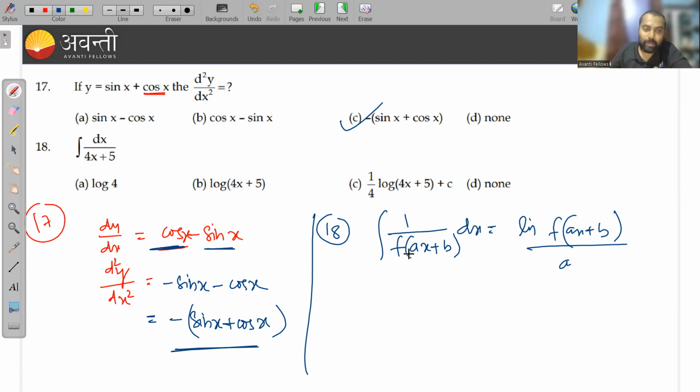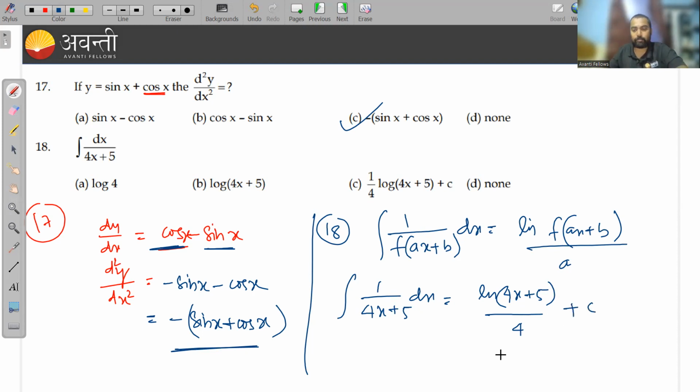So here we'll use the same rule and we'll find the integration of 1 upon 4x plus 5 with respect to x, that is ln of 4x plus 5 divided by 4 plus c. Is that clear? So option C is correct. So by using this formula, we can solve these integrations easily.